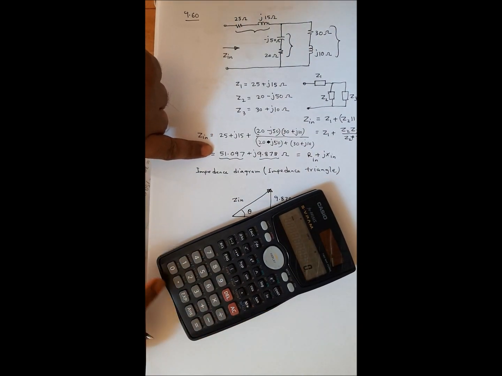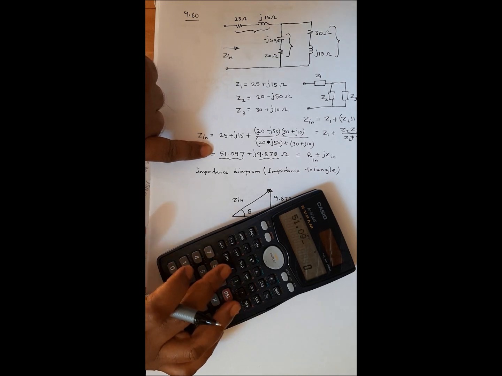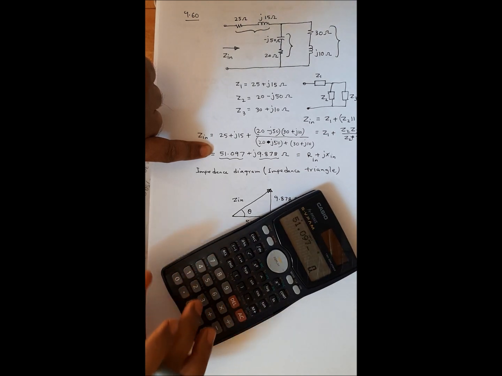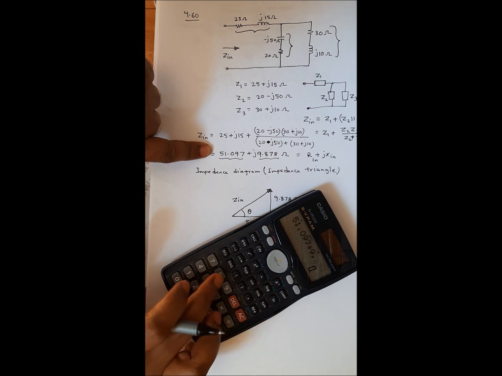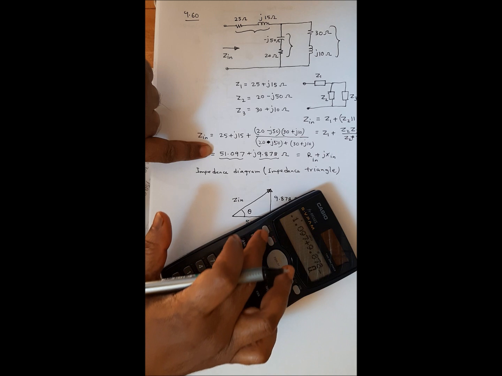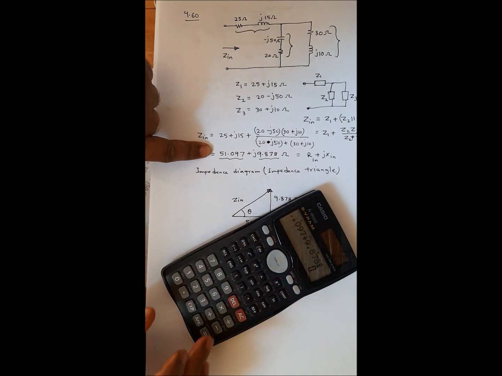So if I solve in the polar form, we have 51.097 plus j9.878.